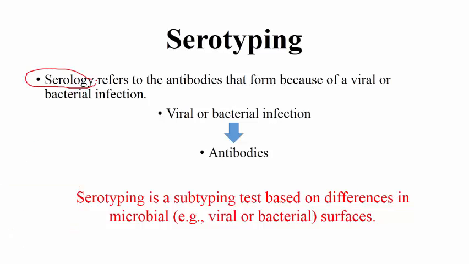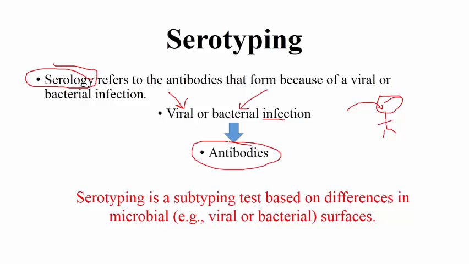Serology deals with this: when a viral or bacterial infection is there, meaning if a virus or bacteria enters the human body, an antibody will be generated against these viral and bacterial pathogens or antigens. This antibody generation and its study is referred to as serology. If you got this, then move to serotyping.